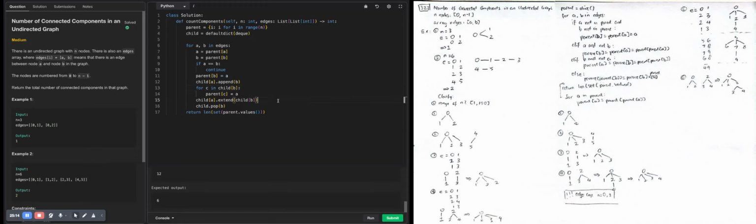Child of A: I'm moving all the children of B into child of A. And after I do that, I don't need the child of B anymore because I have moved it to A. In the end, I just need to return the number of unique parents there. Okay, so this will give us the correct answer.